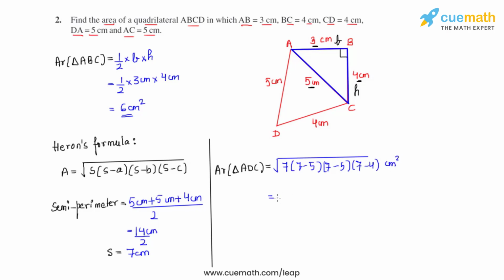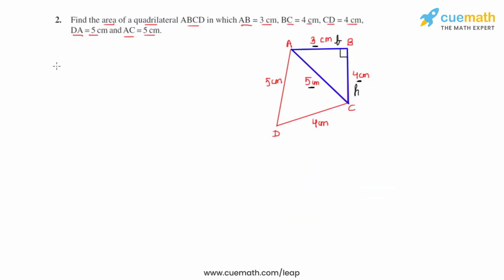That on further calculation gives us the square root of 7 times 2 times 2 times 3 centimeter square. So that comes as 2 times the square root of 21 centimeter square, which is approximately equal to 9.166 centimeter square.